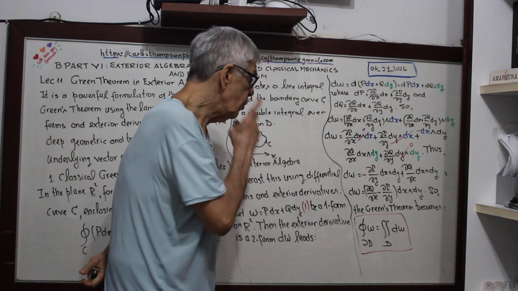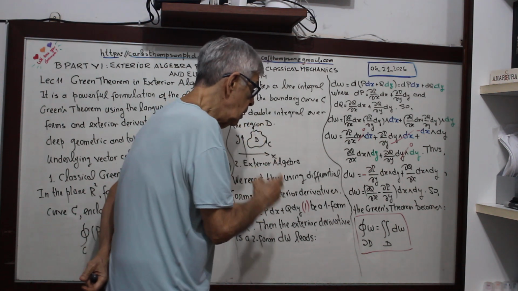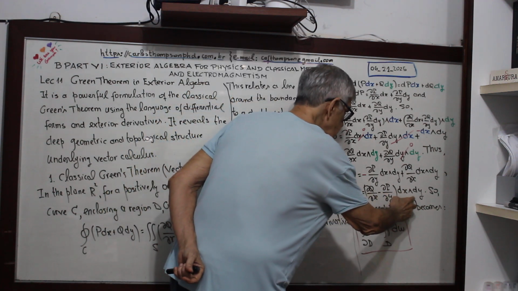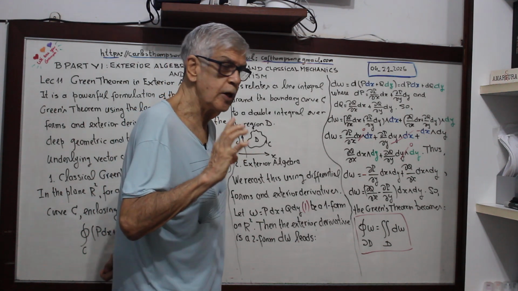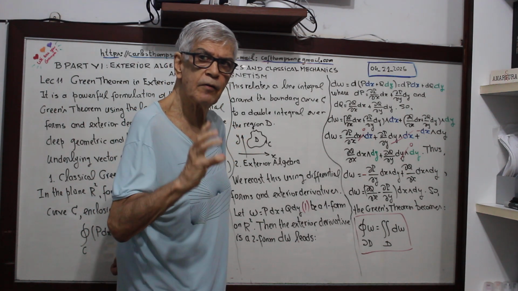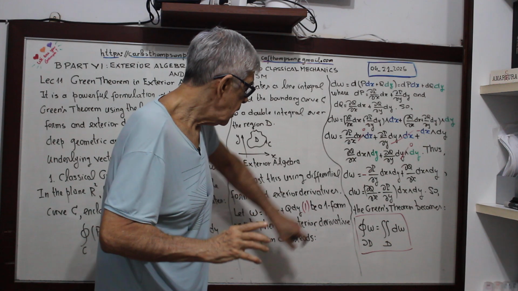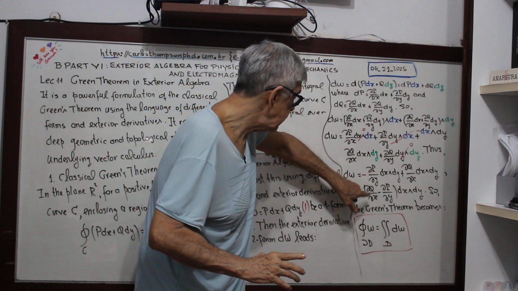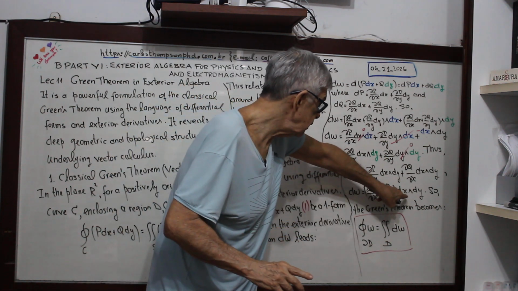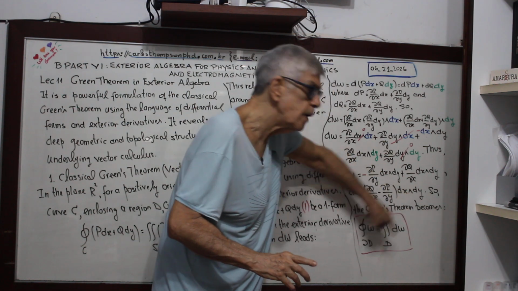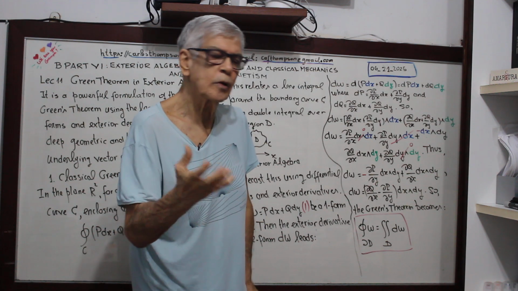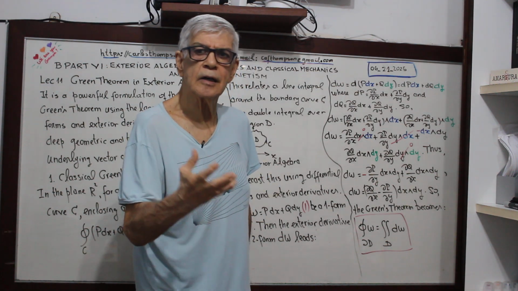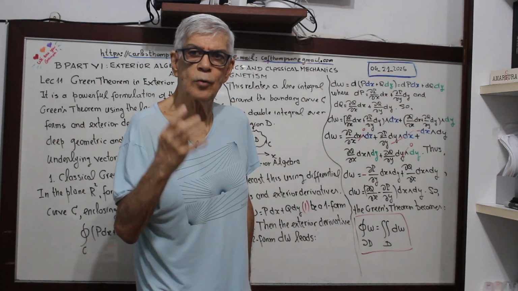Now remember, dx wedge dy is analogous to the unit vector k in advanced calculus. So this over here is on the plane in which dx wedge dy, thinking about classical mechanics, is the unit vector k.